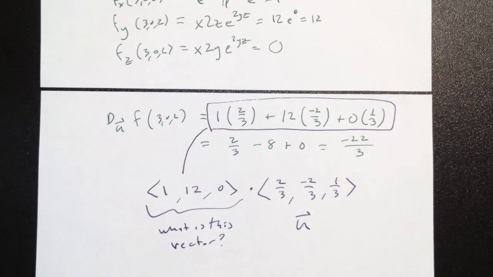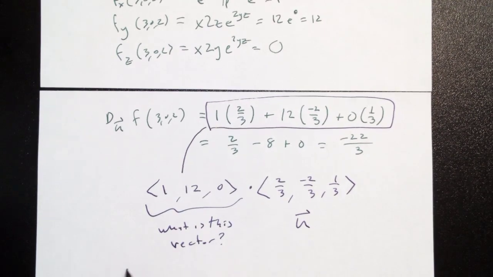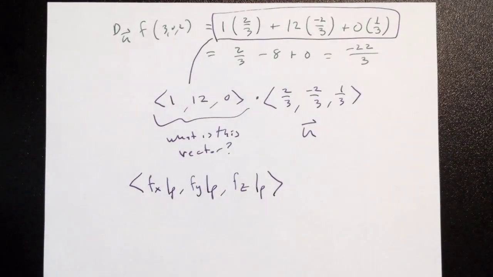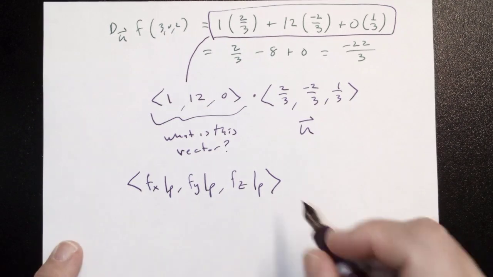Well, that vector came from my partial derivatives. I'm going to write it like this. Partial with respect to x at the point P. Partial with respect to y at the point P. Wait a minute, I'm going to keep writing that at P inside.